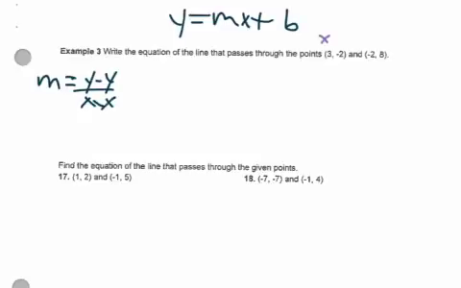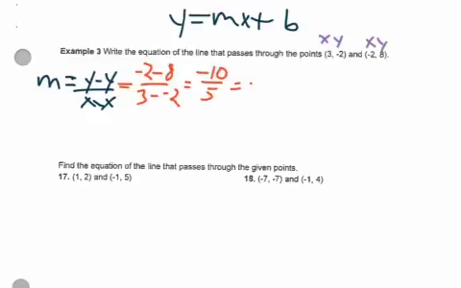Well, here's x, y, here's x, y. So go ahead and steal your y's. So let's go ahead and do that. So negative 2 minus 8 over 3 minus negative 2. That's going to give me negative 10 over 5, which gives me a slope of negative 2.